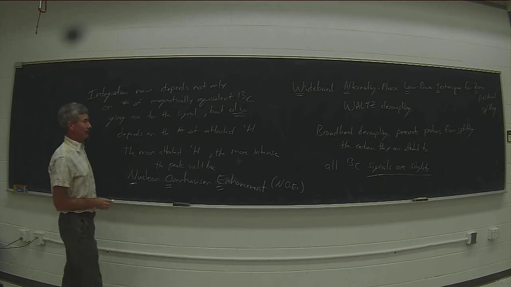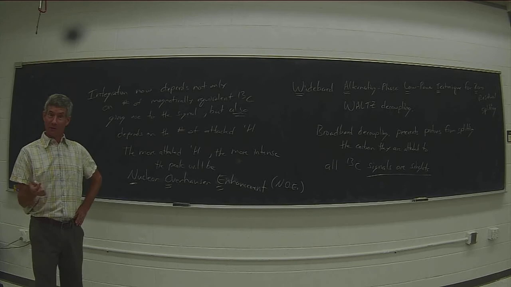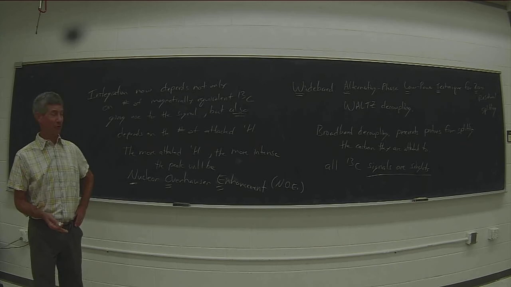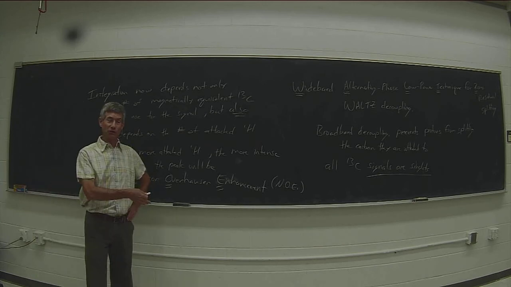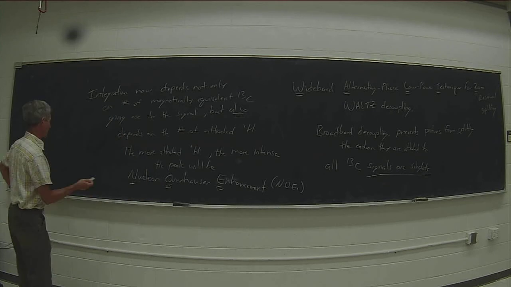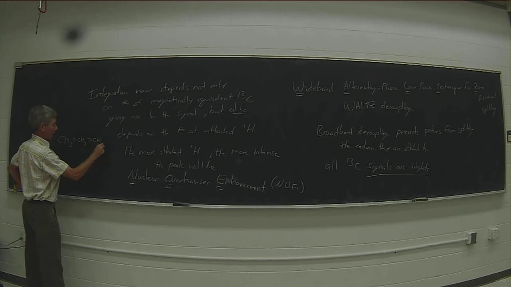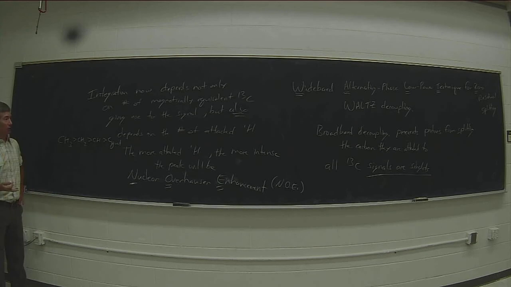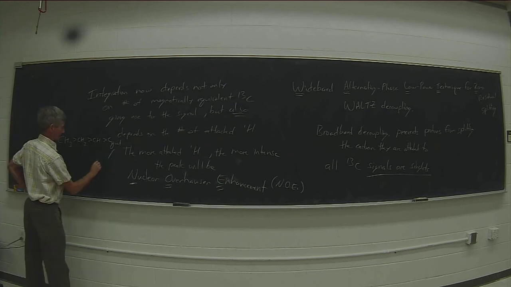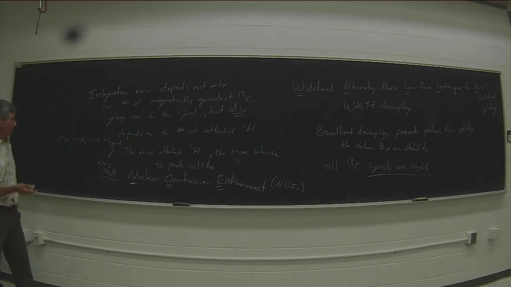It means that if a peak is twice as big as another peak, it might be because there are 2 carbons giving rise to that signal and only one giving rise to the other signal, but it might also be because one of them is a CH3 and the other is only a CH. Methyl groups are more intense than methylene, and methylene peaks are more intense than methine, and quaternary carbons, like a carbonyl group, are very small. Sometimes so small that they're not detected.